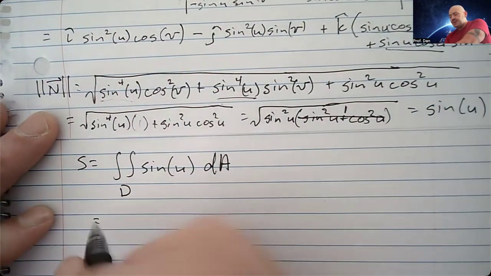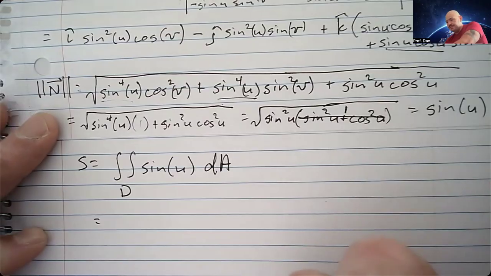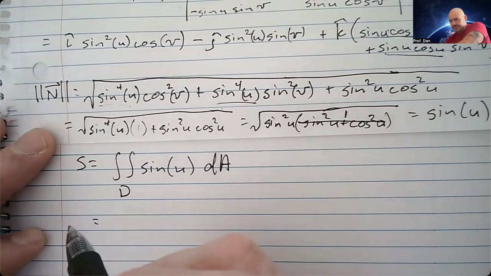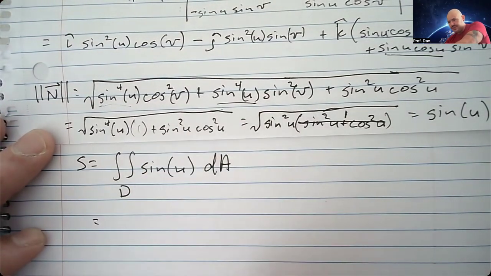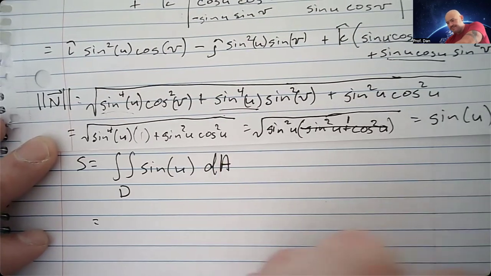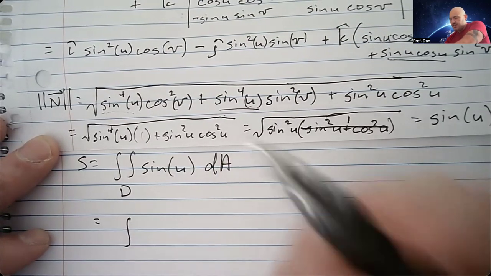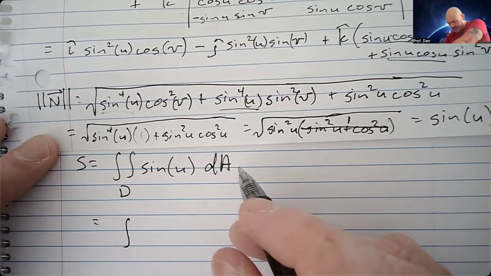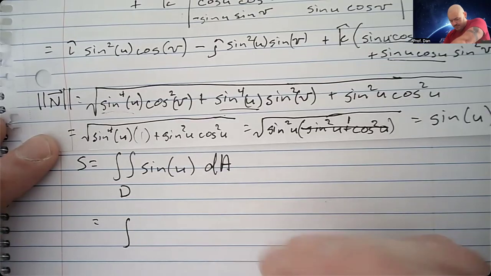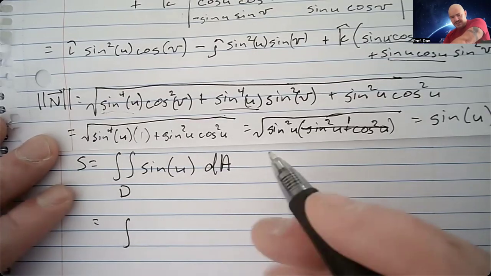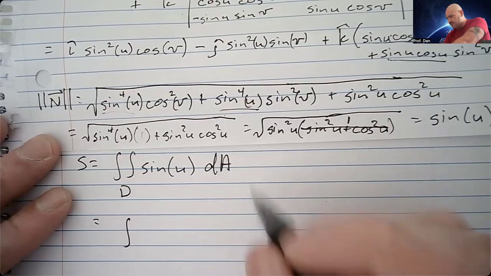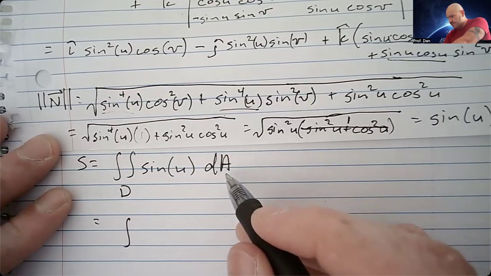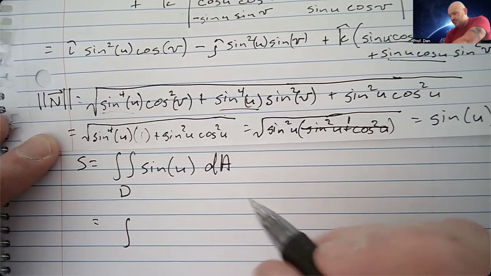So setting up our integrals, we know that u is going to range from 0 to pi and that v is going to range from 0 to 2 pi. And if I replace my dA differential with these parameters, I end up with du dv or dv du.